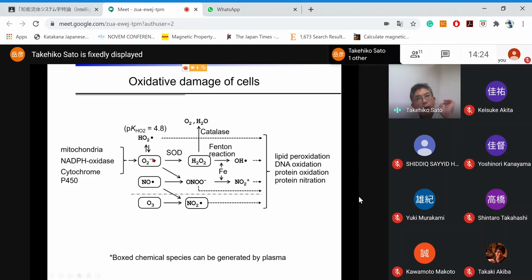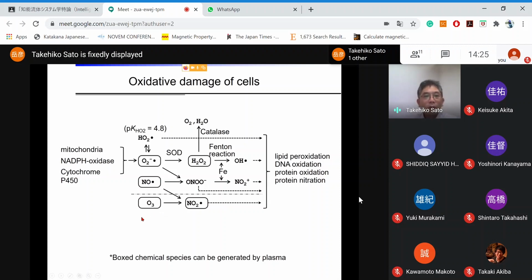And it changes to HO2 under low pH value. And also it changes to ONOO minus from the NO dot. So that also has high chemical reactivity. Okay.